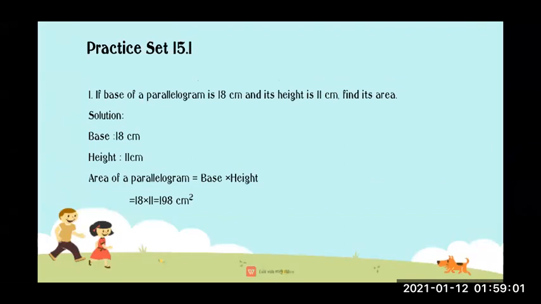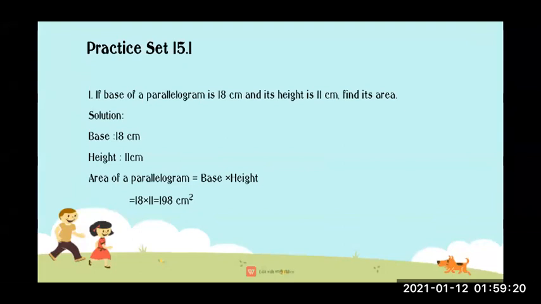The first is, if base of a parallelogram is 18 centimeter and its height is 11 centimeter. You can see here base is given 18 centimeter and height is given 11 centimeter. They are asking to find the area.